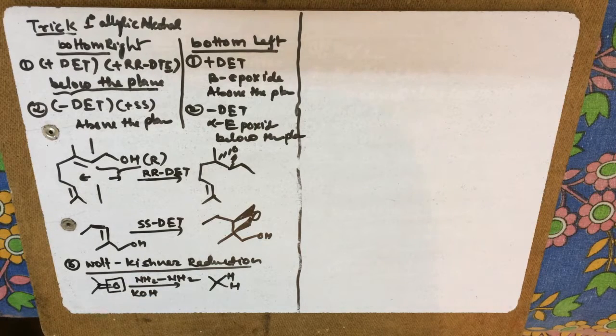Basically your oxygen is removed with 2 hydrogens of this base, and the product will form this. So this is the basic thing of this Wolff-Kishner reduction reaction.